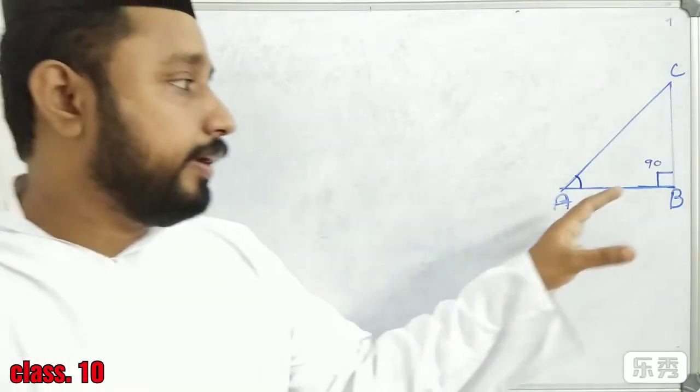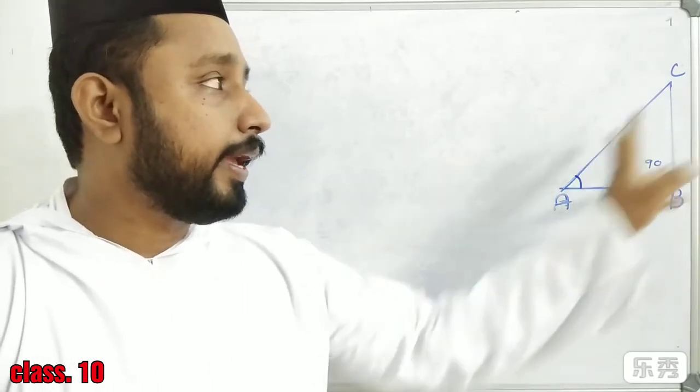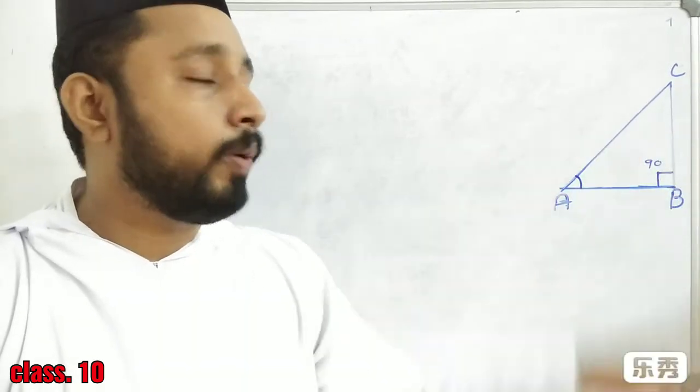So we have a right triangle ABC, right angle at B, and angle A plus angle C is equal to 90 degrees. So these are called complementary angles.